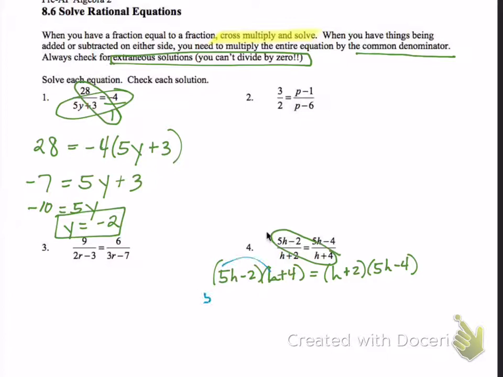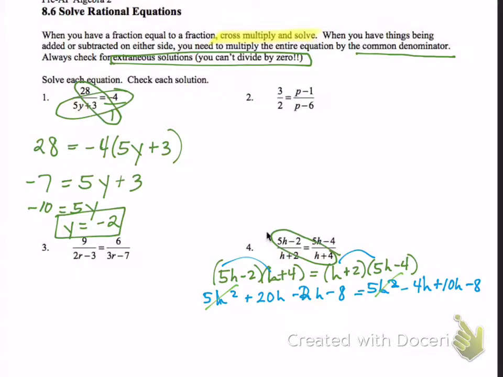So I get 5h squared plus 20h minus 2h, that's a 2, minus 8 equals 5h squared minus 4h plus 10h and minus 8. The 5h squareds will cancel.